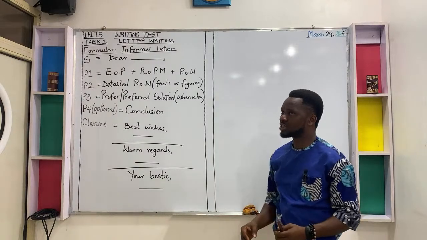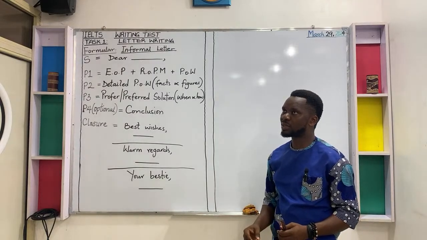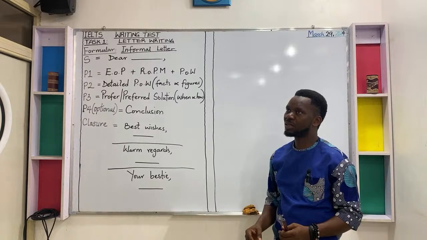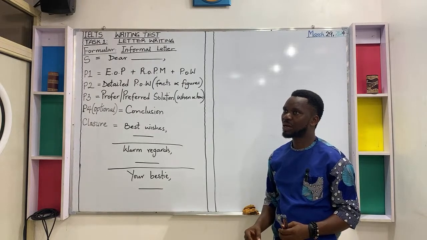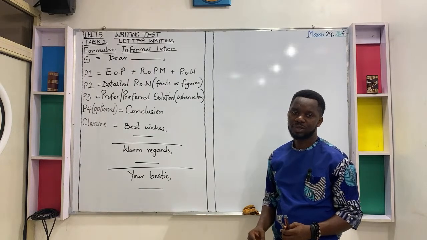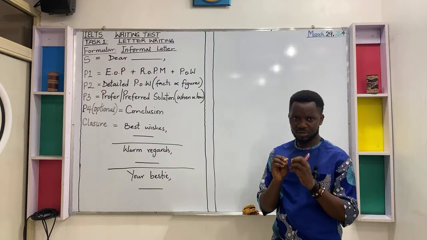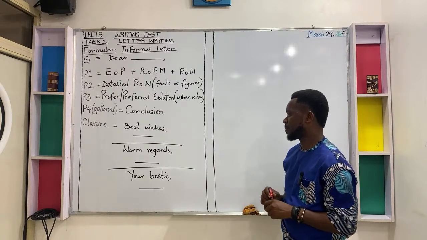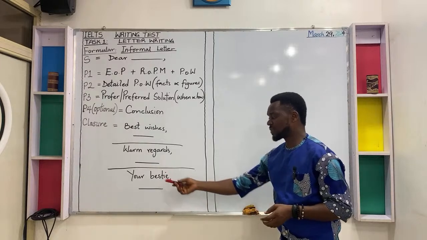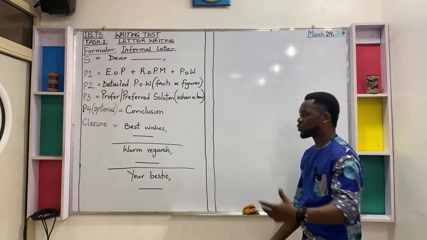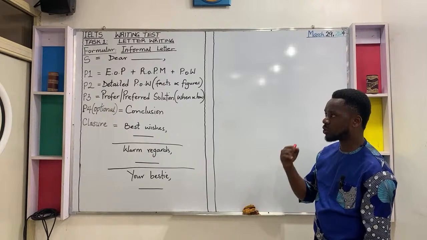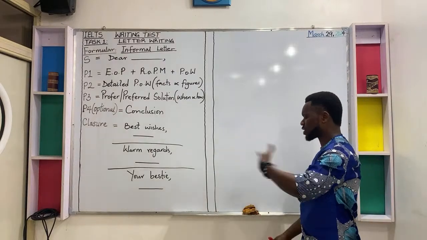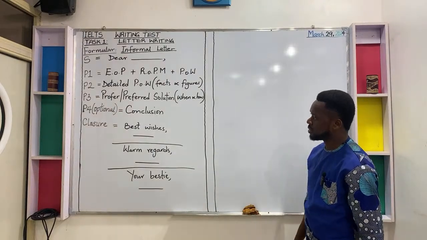Yours truly is more like a semi form. It sounds semi formal. Yours truly is a little official kind of. Hmm? It could be any other thing. Your bestie, your sweetheart, your love, your cozy, however you express yourself to the person.